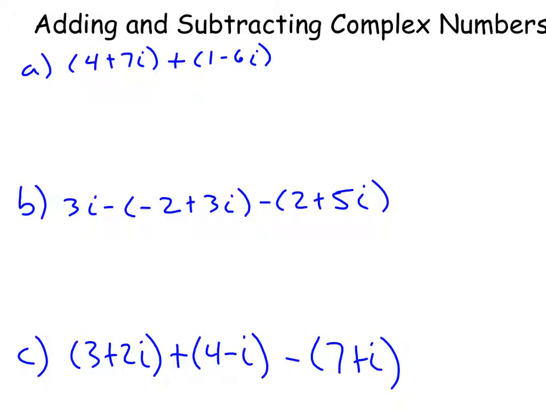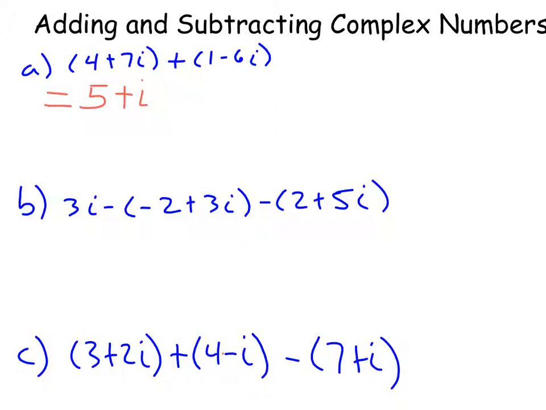Here, when I'm adding them together, this problem basically becomes about like terms. 4 plus 1 is 5, and 7 minus 6 is just 1i. 5 plus i. That fits the form that we were talking about. The real component is 5, the imaginary component is 1.